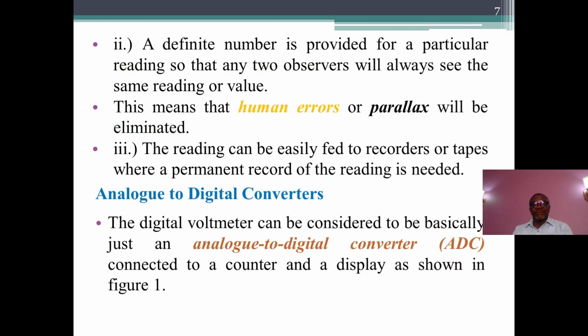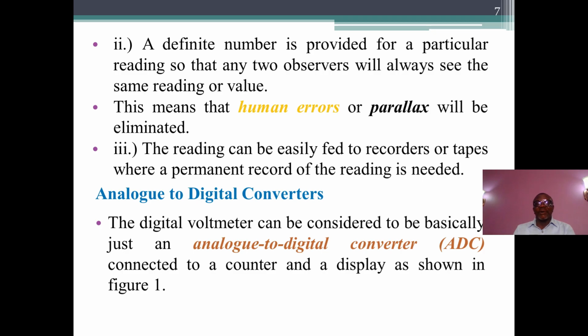So again, a definite number is provided for a particular reading so that any two observers will always see the same reading or value.